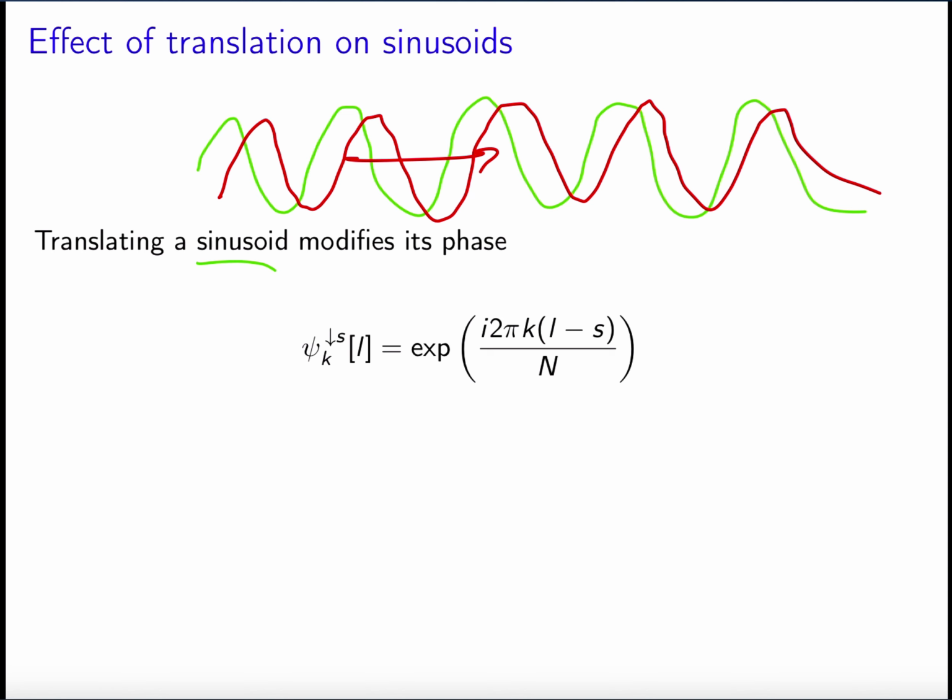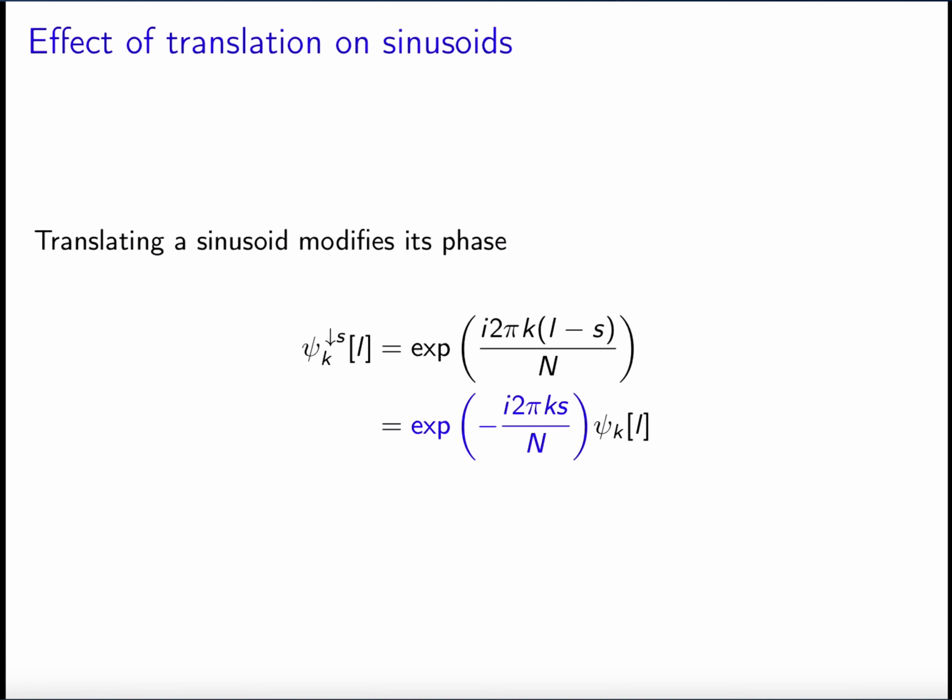Here what you should notice is that we're not modifying the frequency at all. We're only modifying the phase. If you remember, when we modify the phase of a complex exponential, this is just the same as multiplying by a complex constant. So translating a sinusoid just modifies its phase.